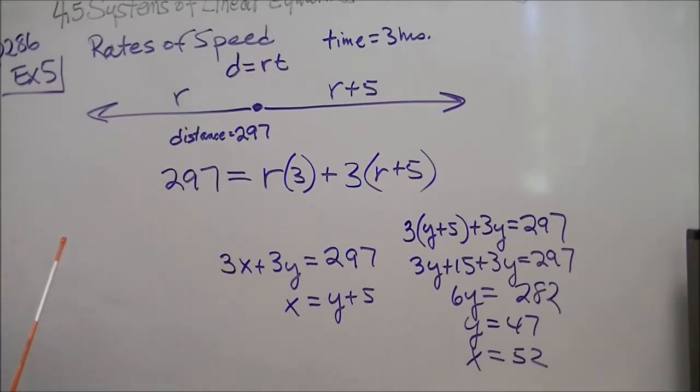So the thing is, this is how we would have done it in chapter 2 when we were working on equations with one variable. But sometimes the use of 2 variables makes it a little easier. So there's more than one way to do it. And here, if we get y is 47, we just have to add 5 to the y to get 52. Those are the rates of the cars.